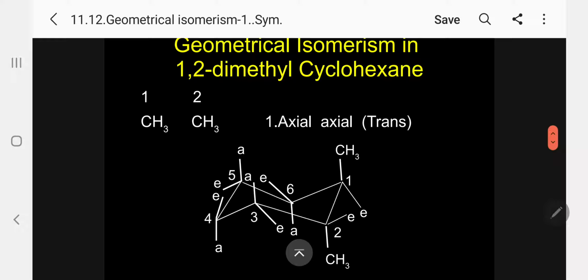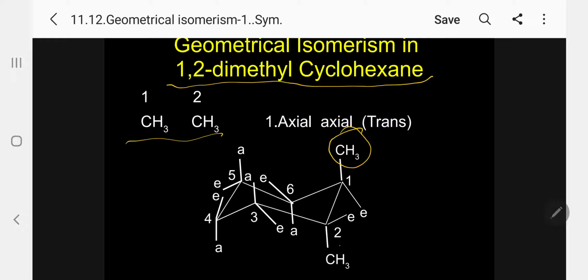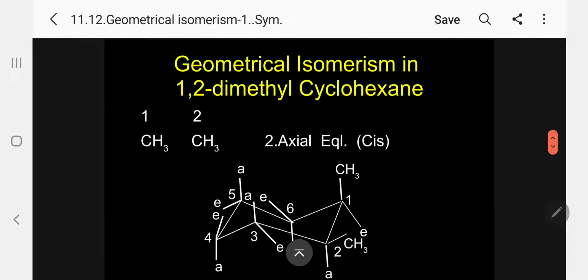So let me take the example 1,2-dimethylcyclohexane, symmetrical disubstituted cyclohexane. Please follow now, 1,2-dimethyl, this is 1 axial, this is 2 axial. So axial trans, opposite direction. Then let me go for the second case, number 2, 1,2.